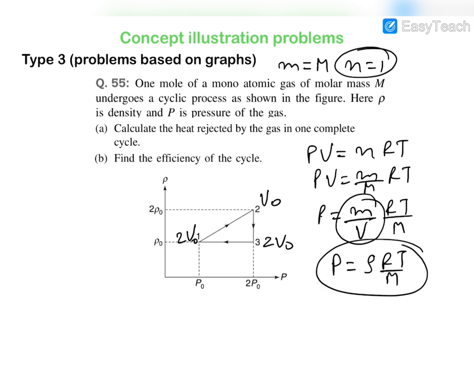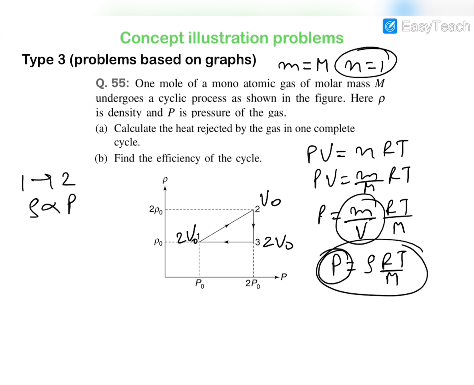So this is the relation between P and rho, and you can see that process 1 to 2 is an isothermal process, because the rho and P graph is a straight line graph.